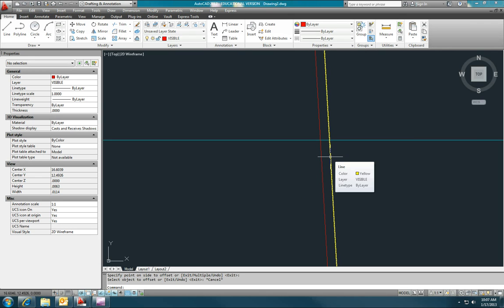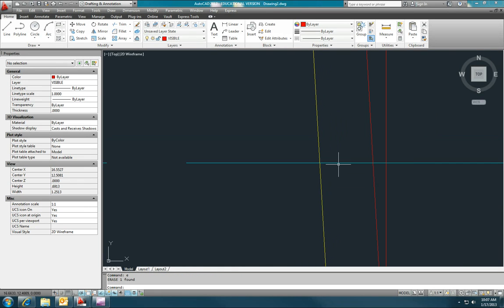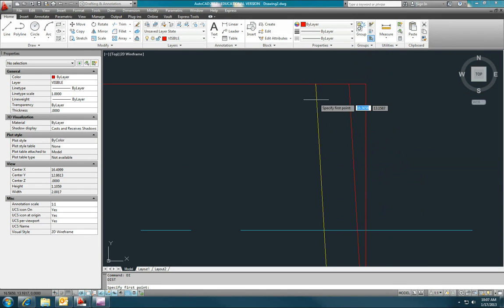Okay, the copied line is correct. This is the offset line, and that is incorrect. Okay, that's just a little geometry there, but the distance between crests on a screw thread should be equal to the pitch. Okay, so 1 divided by 6 is 0.1667. Okay, so that is the correct line.